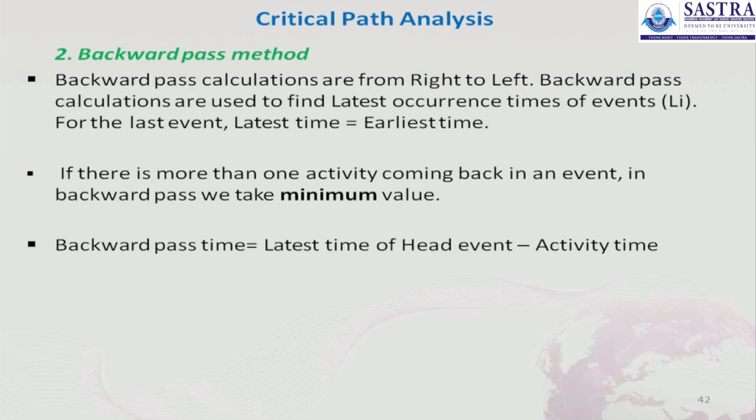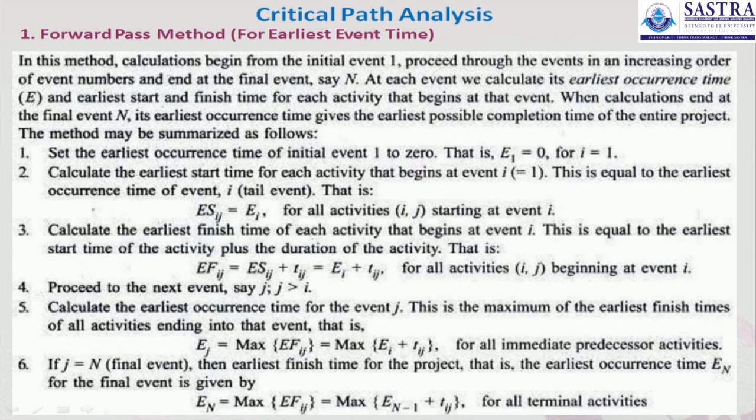If more than one activity comes back into an event in the backward pass, suppose from the final node there are two activities, then whichever value we take, we have to take the minimum value of those activities. Therefore, in the backward pass, we take the minimum value. So the latest time of the head event minus the activity time. That is the backward pass method. And here the same process will be repeated.